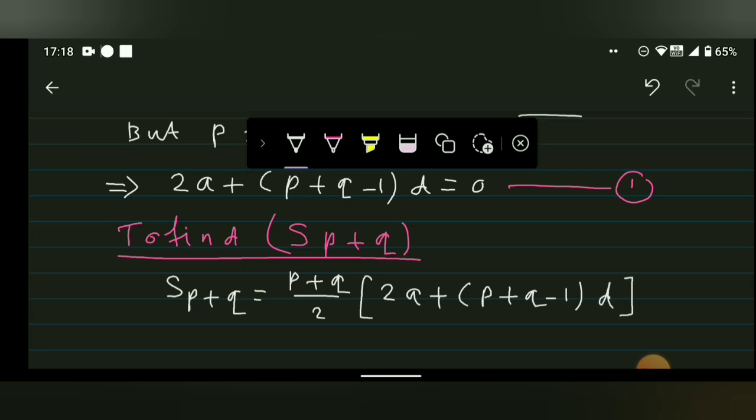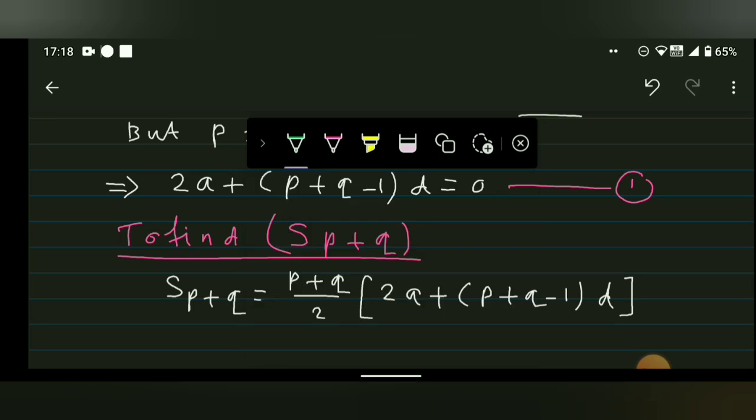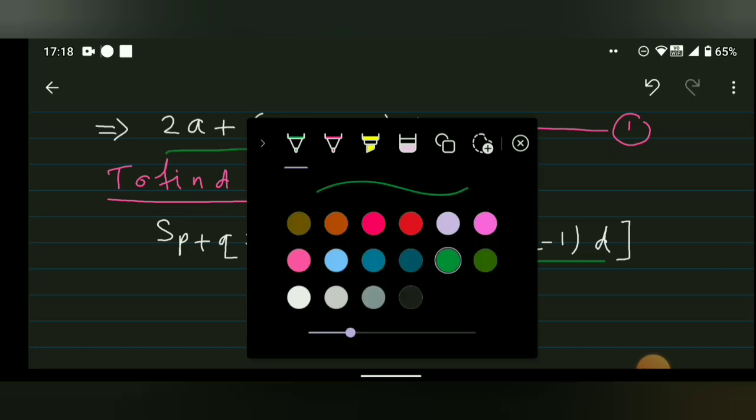Now if I observe equation number 1, in equation number 1 we are getting 2a plus (p plus q minus 1) into d with its value being 0, and in front of us there is a bracket with the exact same term, so one can replace this inside bracket's value.